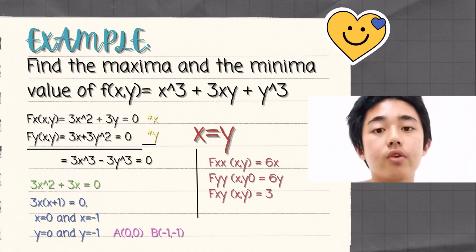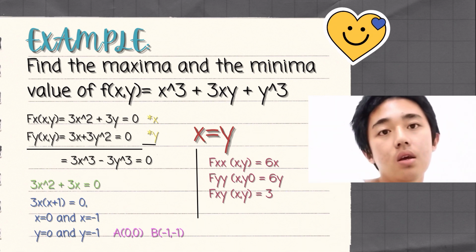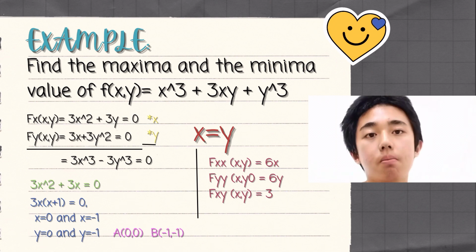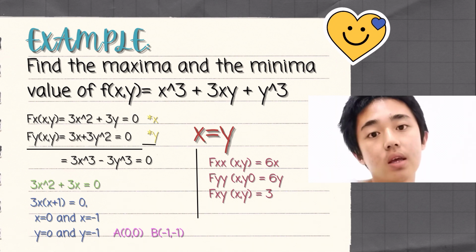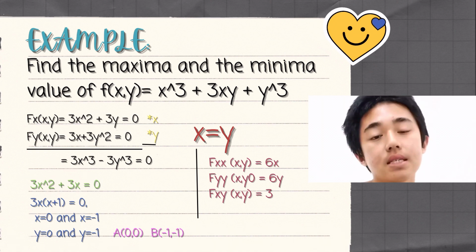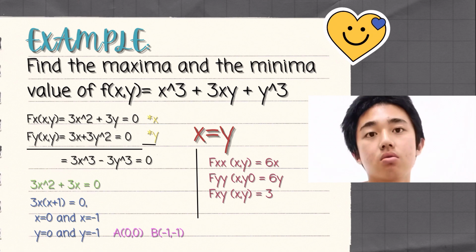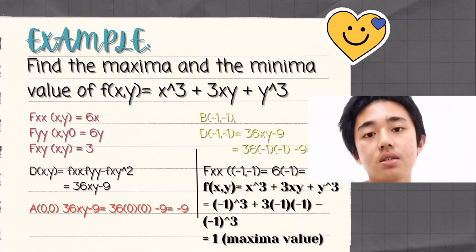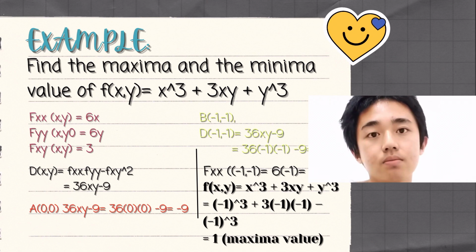So we're going to search for D. So D equals f_xx times f_yy minus f_xy squared. We already got the numbers earlier, so it is 6x times 6y, which equals 36xy, minus f_xy squared, which is 3 squared, so minus 9.